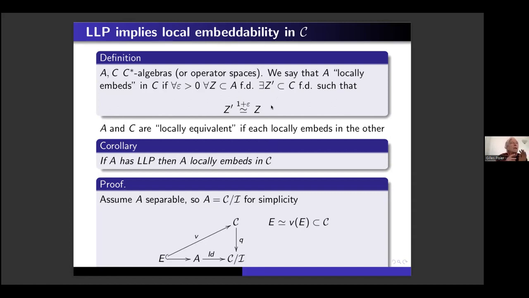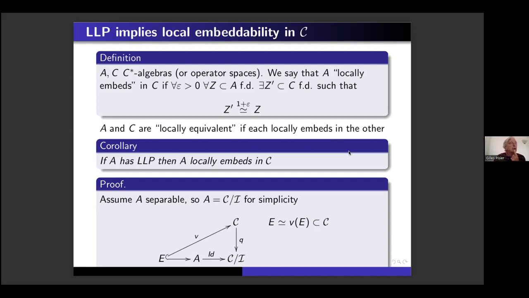So whenever I have a finite dimensional subspace of Z, I can find an almost copy in C that copies the original one. And then I'll say that A and C are locally equivalent if each locally embeds in the other, which is perhaps not a good term, but it has the advantage of being quick.